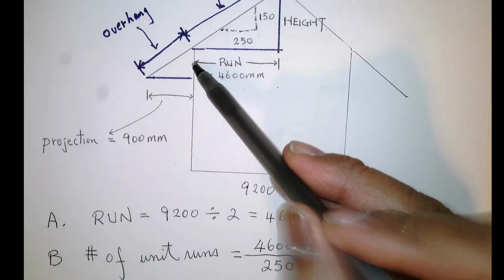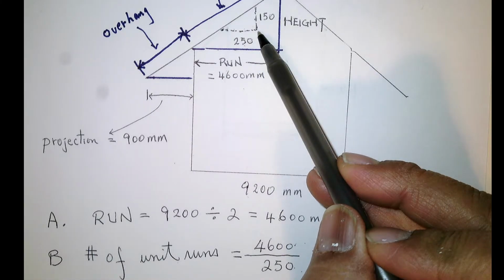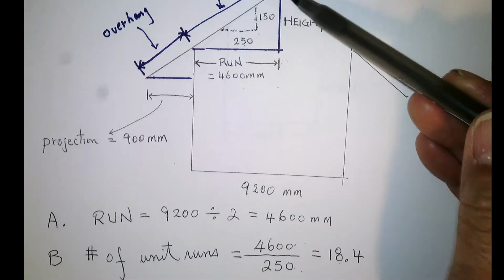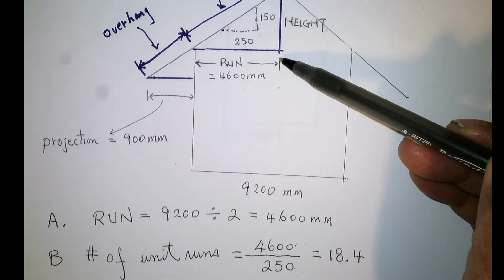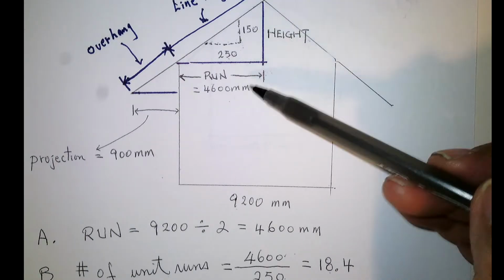If this side is 18.4 times that much of the unit run, then the height of the house increases in the same proportion.